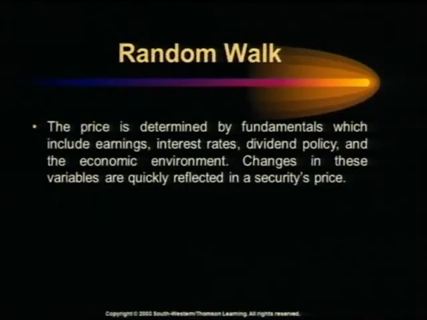The price is determined by fundamentals, which include earnings, interest rates, dividend policy, and the economic environment of the business. The changes in these variables, or fundamentals, are quickly reflected in a security's price. Okay? So please read it carefully. Expand your reading on this.